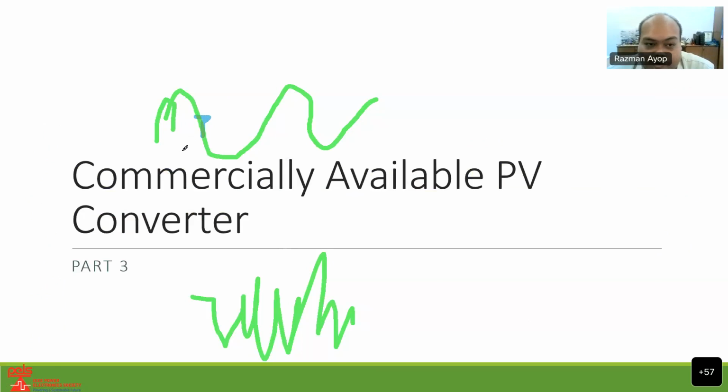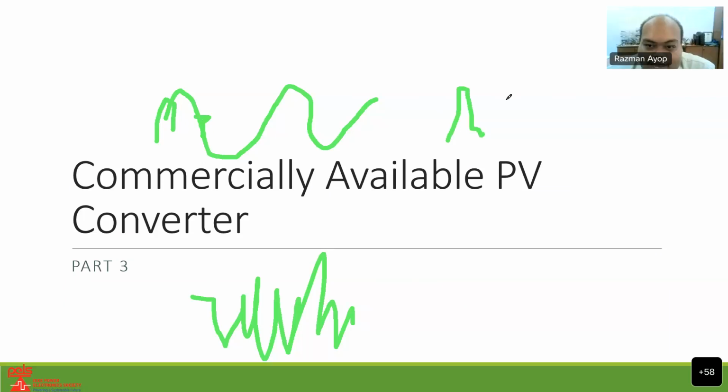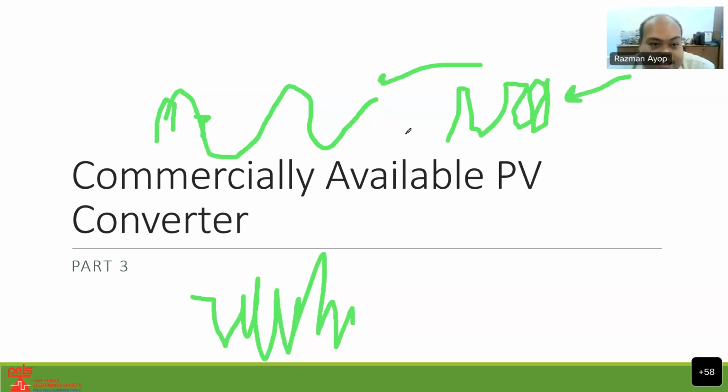That is not a pure one. I cannot draw it because it's very specific. Basically, the square wave one you can change to pure sine: you just put a filter, and automatically it changes the square into something like this.